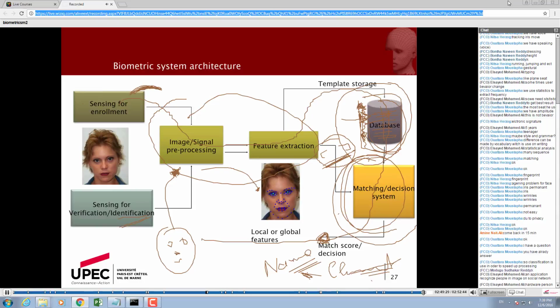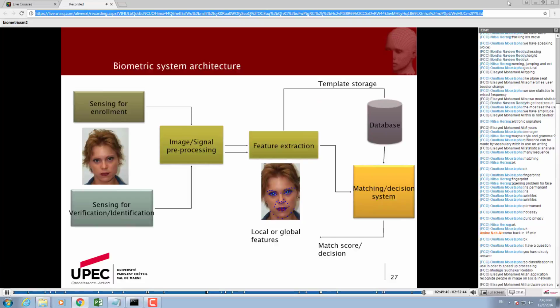Okay, so if you keep this scheme, if you memorize this general scheme, it will be easy for you to understand many things. What I'm doing, I will just remove, delete. Okay, this is what I said.